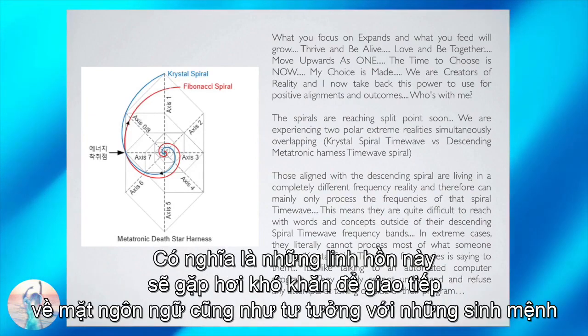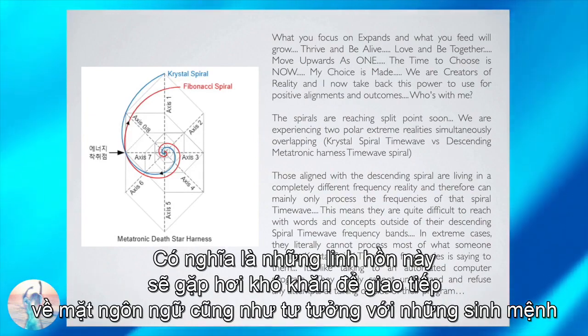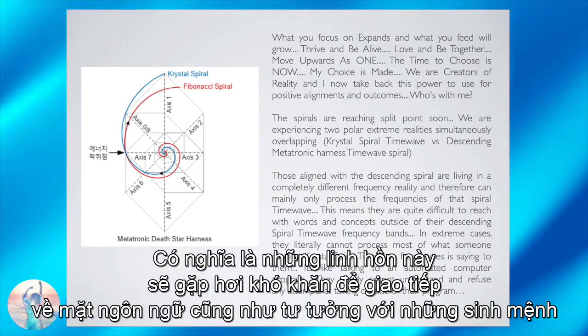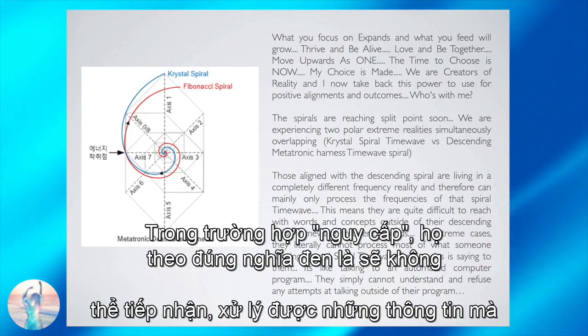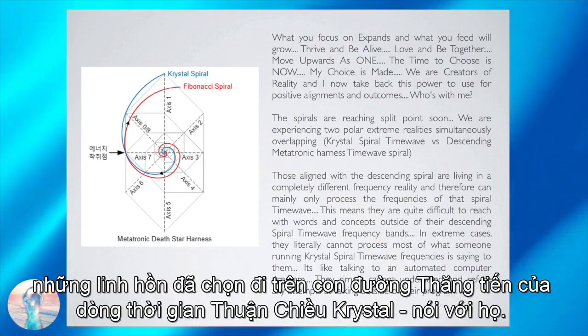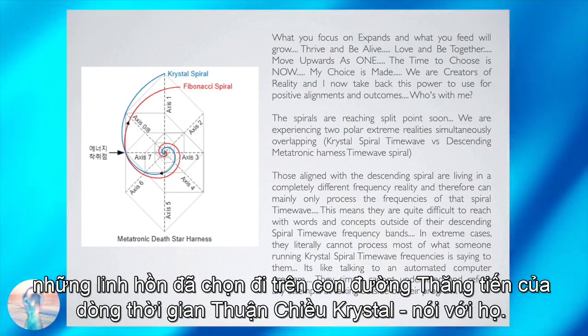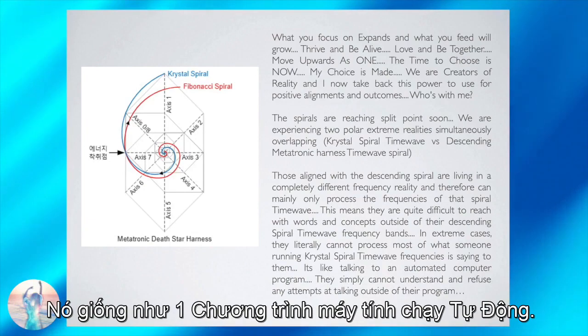This means they are quite difficult to reach with words and concepts outside of their descending spiral time wave frequency bands. In extreme cases, they literally cannot process most of what someone running crystal spiral time wave frequencies is saying to them. It's like talking to an automated computer program.